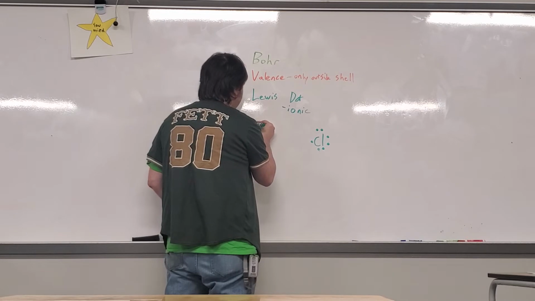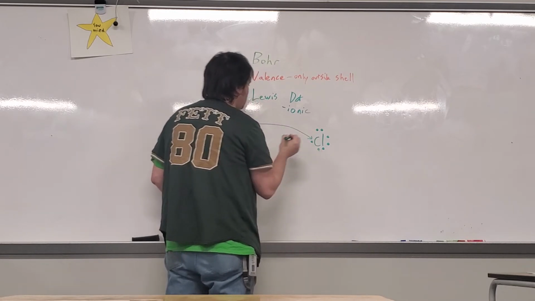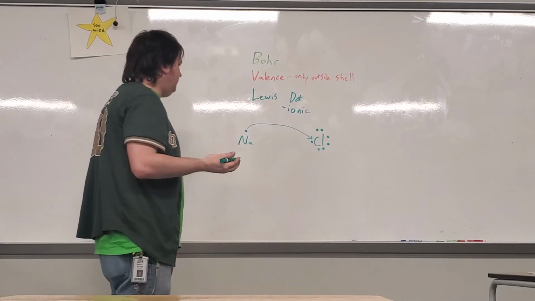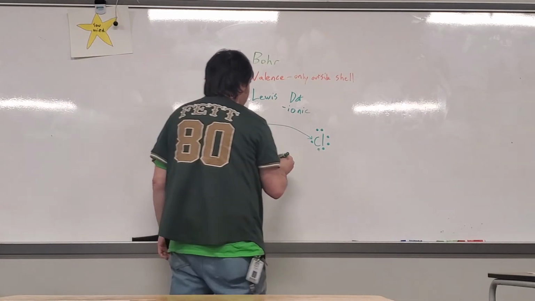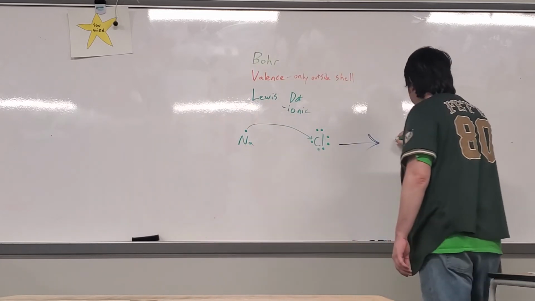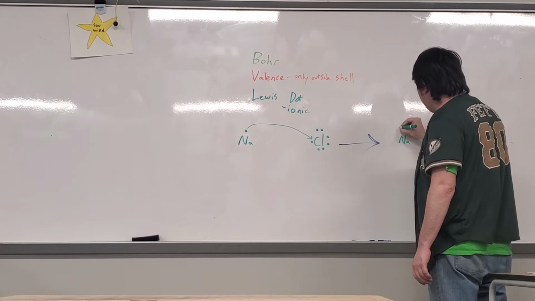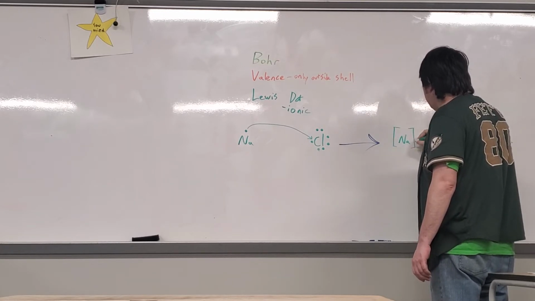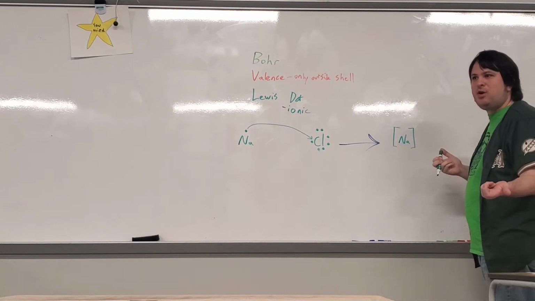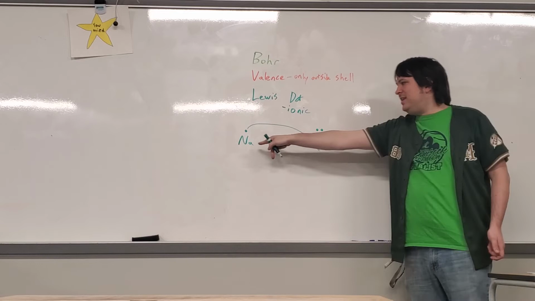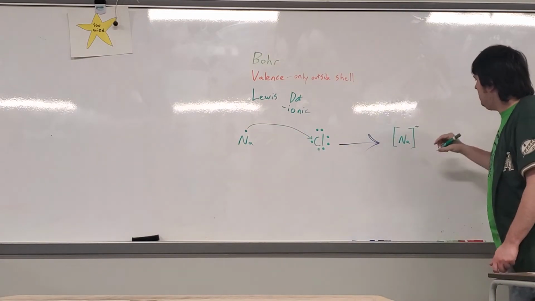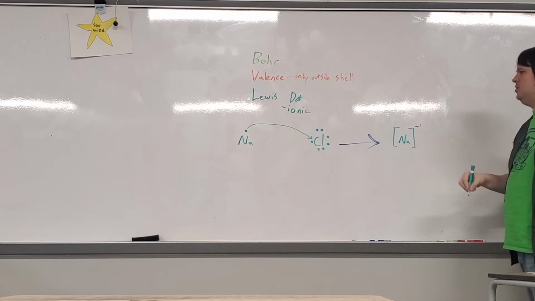So what will happen is the sodium will donate that electron to the chlorine, and that will lead to sodium having no outer electrons. Sodium has 11 protons, and now it only has 10 electrons left after getting rid of that. That would give you a +1 charge.